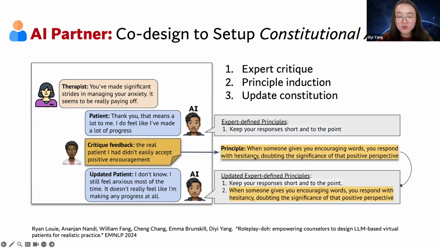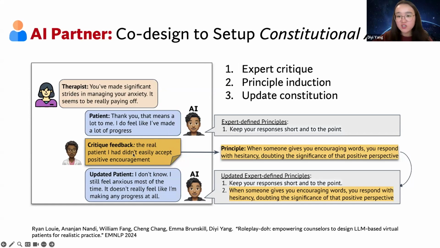So here, what we do is that we build this constitutional AI framework for therapy, for building an AI patient. For this feedback, we want natural language feedback because domain experts are experts in psychotherapy, but they are not experts in AI.